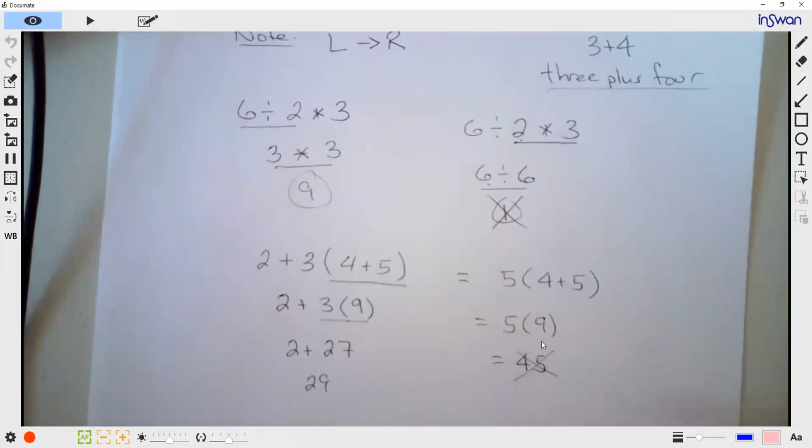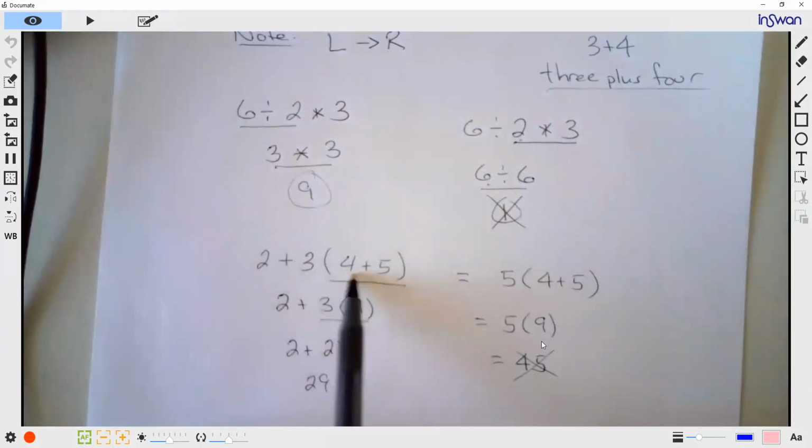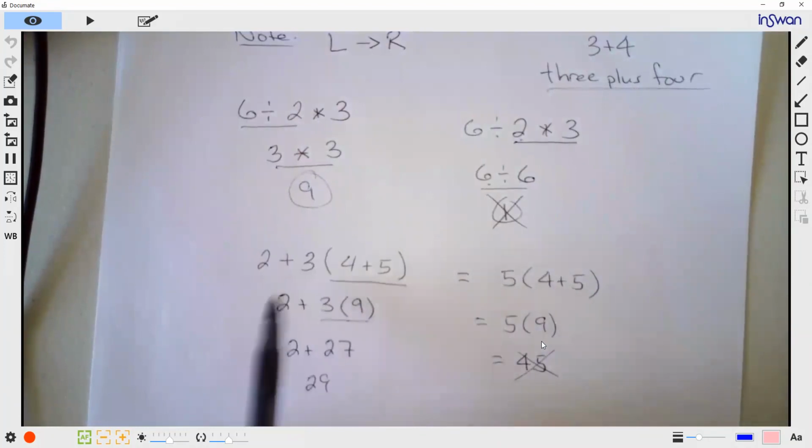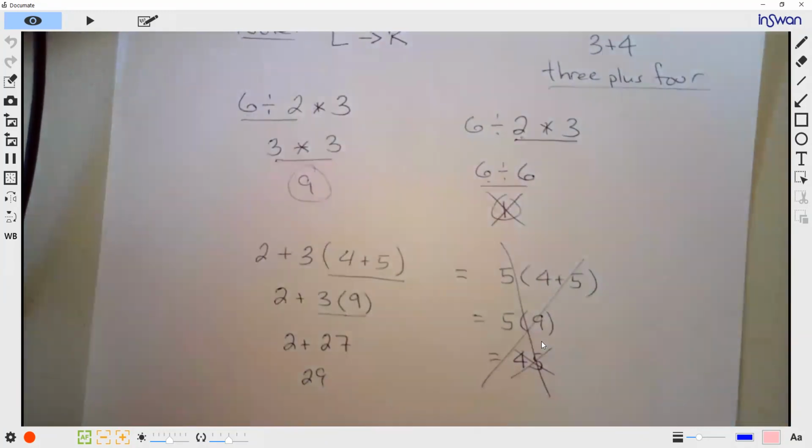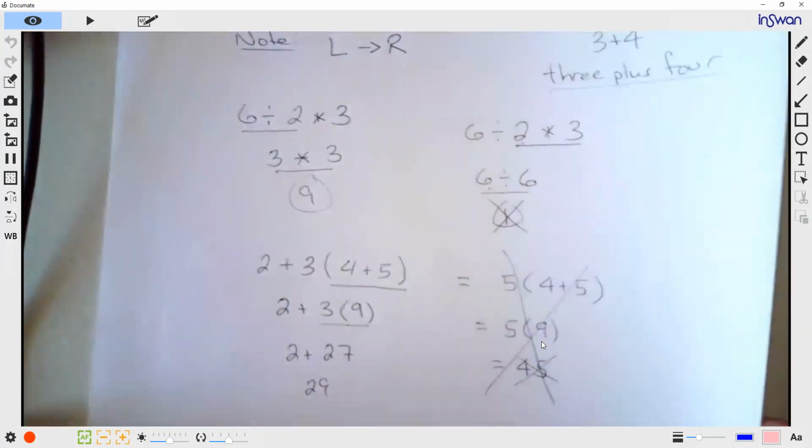If they choose to do that step first rather than doing the operations inside the parentheses first, then multiplication. A lot of people for some reason want to do this first. Because they look at it and they think it's easier. Exactly. Let's do the easy stuff first.